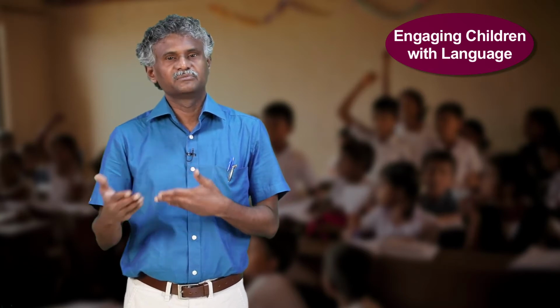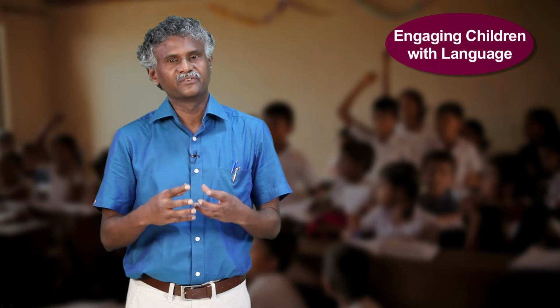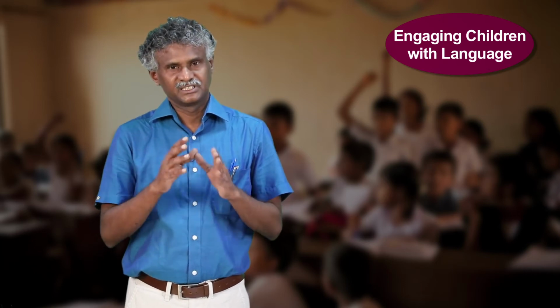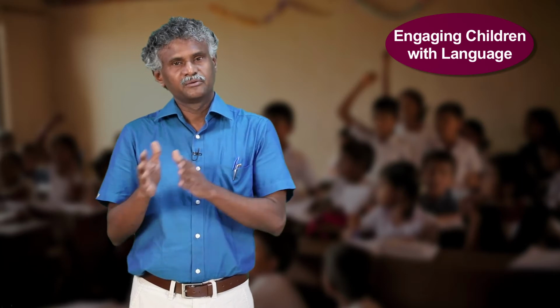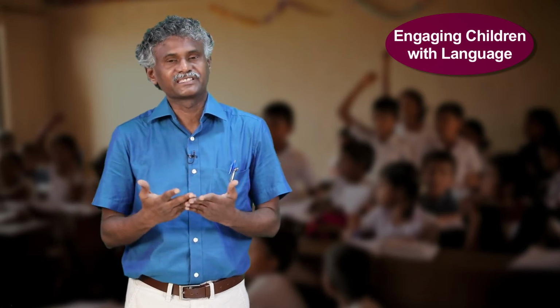For example, a Hindi mother tongue child knows Hindi very well to speak, to use for purposes. He or she may not be able to read, but oral language the child knows, and the child also uses the language grammatically correct orally.